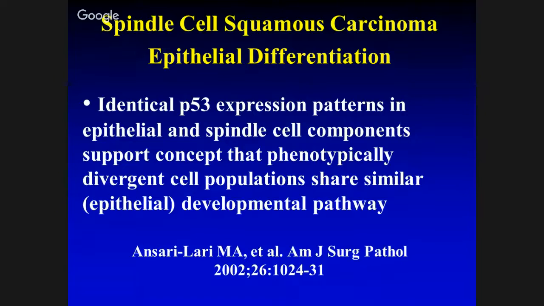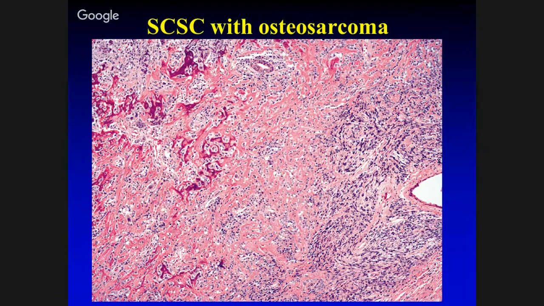So even if you don't see epithelial differentiation by light microscopy or immuno, and it's a superficial lesion of the upper airway with malignant morphology, it's still consistent with a spindle cell squamous carcinoma. These may have heterologous elements, benign and malignant, bone and cartilage.